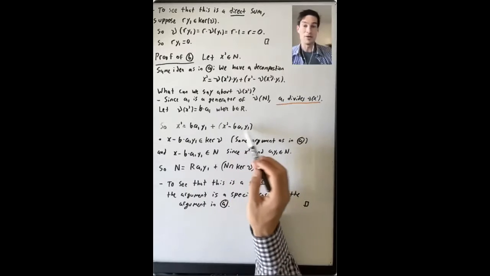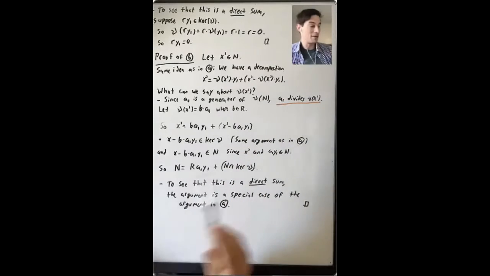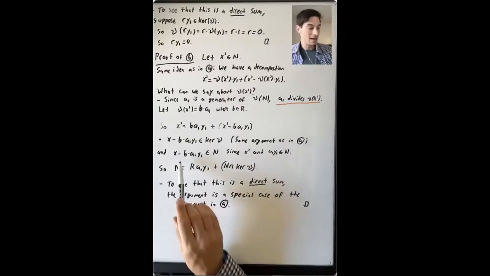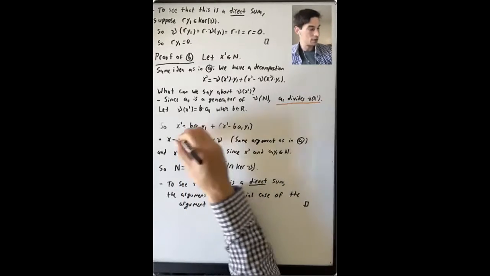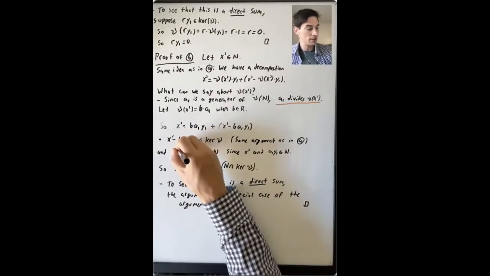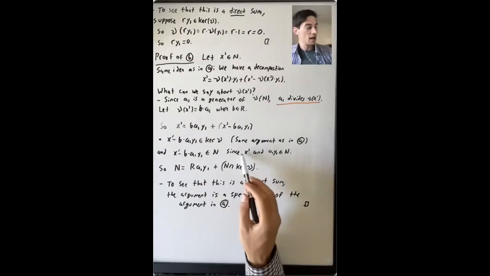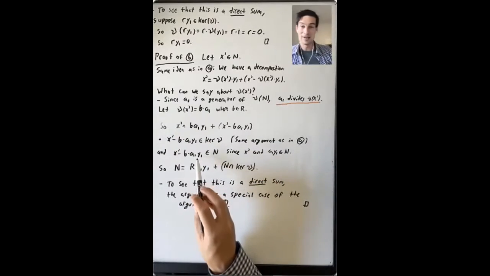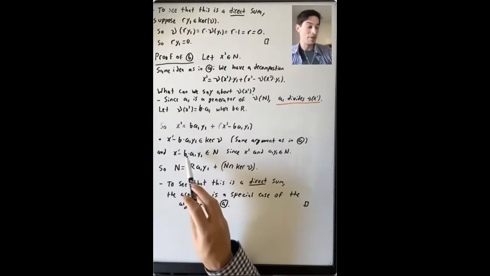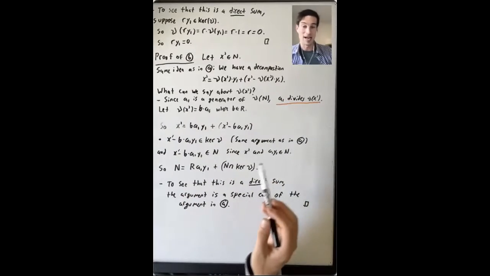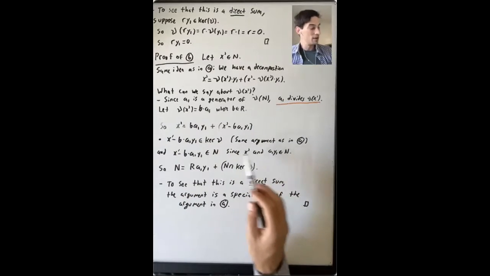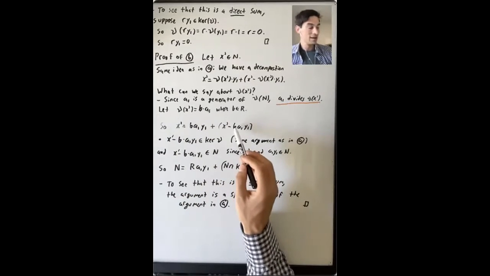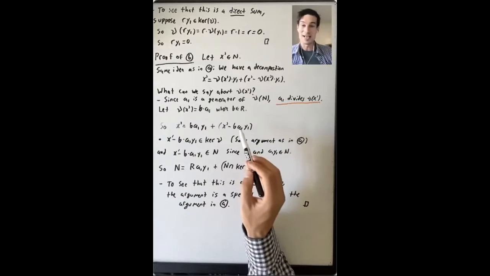Well, just apply nu to it and do the same kind of thing that we did in part A. But it's also in N because, sorry, these should be x primes. It's also in N because x prime is in N and a1 y1 is in N. So because N is an R module, b times a1 y1 is also in N. So this is in the kernel of nu intersect N.